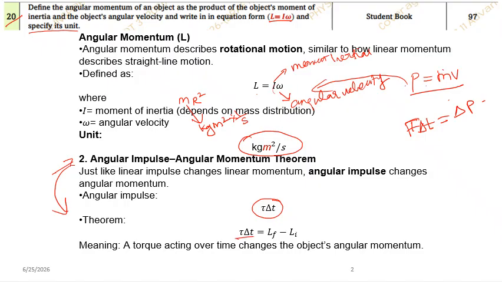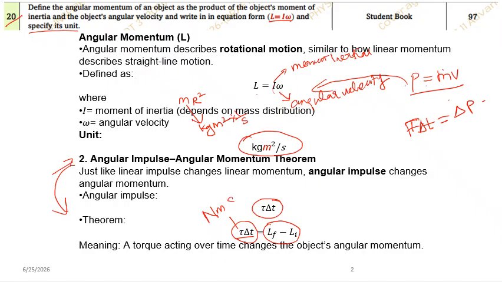Look, angular impulse and angular momentum are connected with each other. According to the equation, tau into delta t. What is tau? It is the torque. Torque is the rotational force. What is the SI unit of this rotational force? Newton meter.